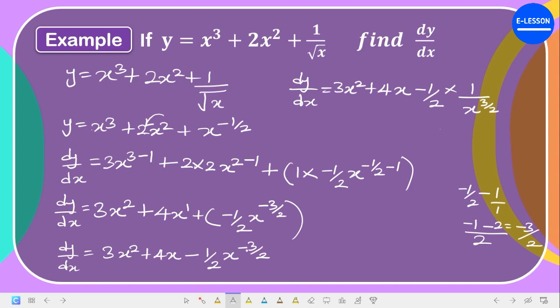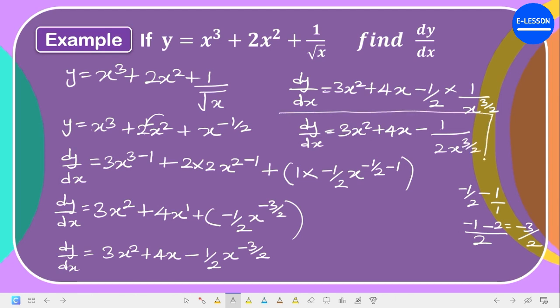Whenever you have a negative power, it becomes 1 all over whatever you have to the positive power. So our dy/dx would be 3x squared plus 4x, then minus 1 times 1 is 1, all over 2 times x to the 3 over 2, and that is the final answer to this question.